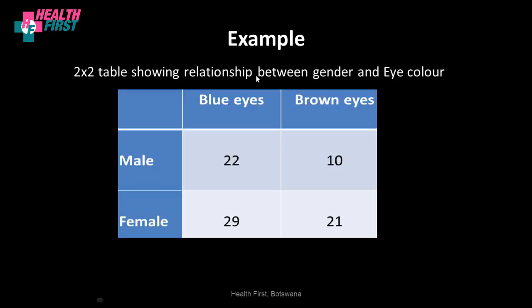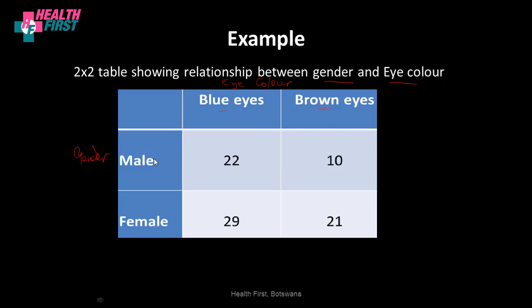So this is a 2x2 table showing the relationship between gender and eye color. It's important to note that we have two variables here. One is gender, which has two categories, male and female in this case, and we have another variable which is eye color, which has two categories, blue eyes and brown eyes.